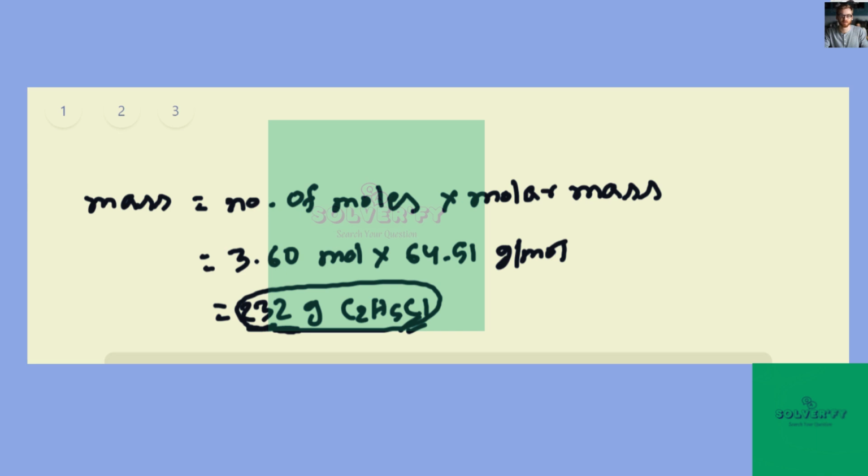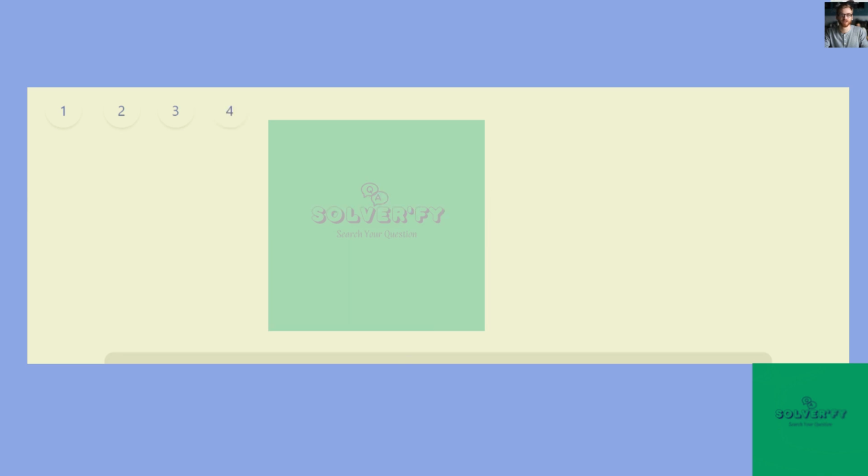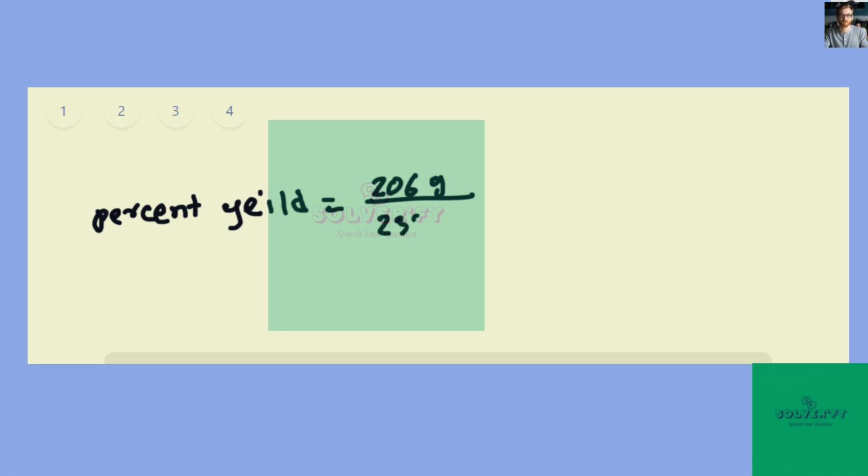That means our percent yield will be the actual yield, which is 206 gram, over our theoretical yield, which we have found from the calculations, which is 232 gram, times 100%, and it will give us a value of 88.79%.